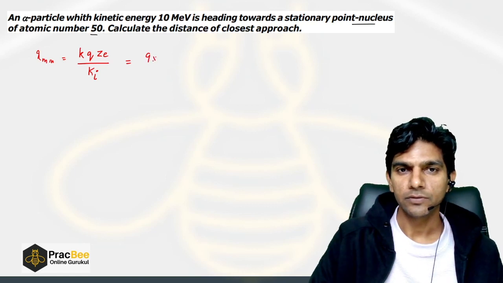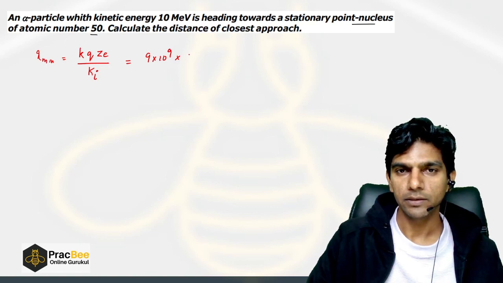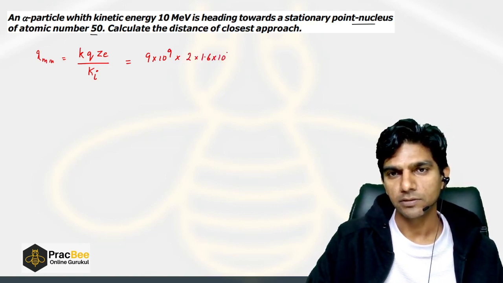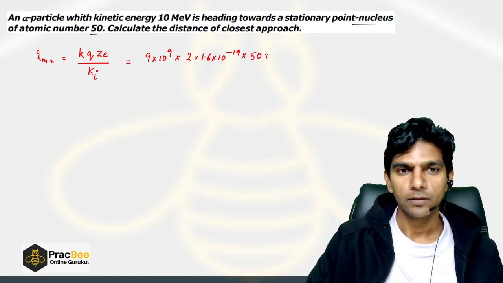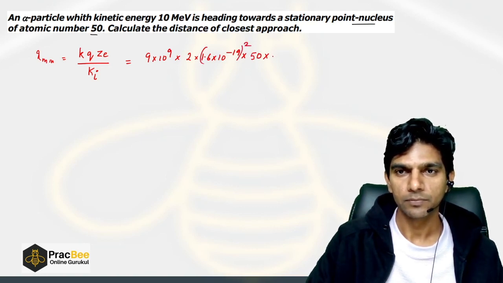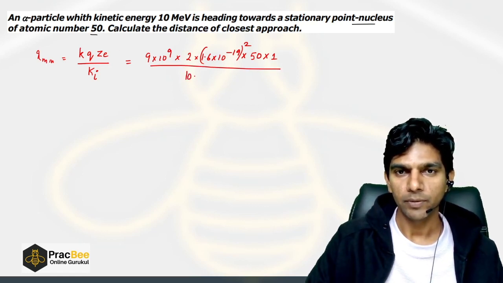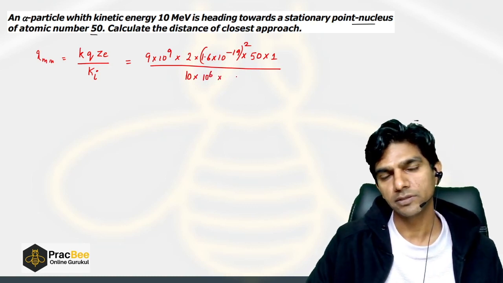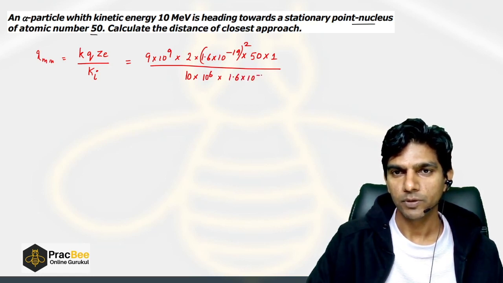K is 9 into 10 raised to power 9, and the charge on the alpha particle is 2 times the charge on the electron, so 2 times 1.6 into 10 raised to power minus 19, and the atomic number is 50, so it will become e squared, divided by the kinetic energy, which is 10 mega. Mega is 10 raised to power 6, and 1 electron volt is 1.6 into 10 raised to power minus 19 joules.